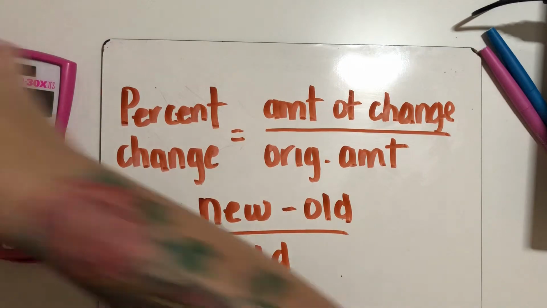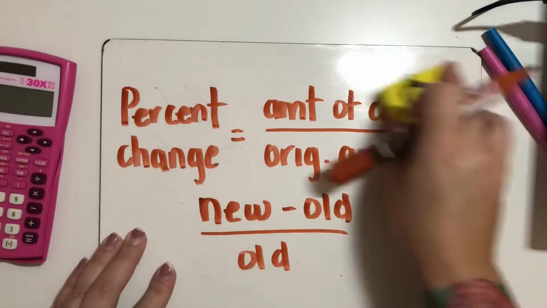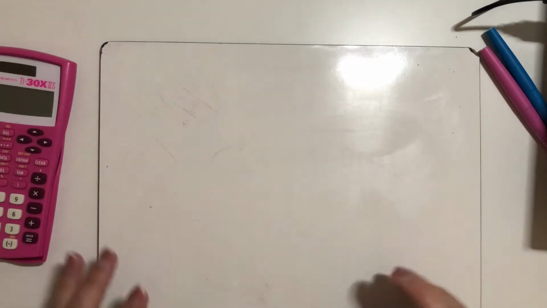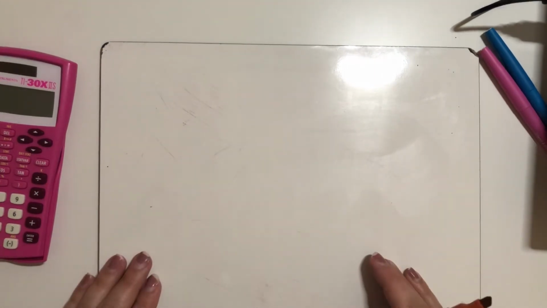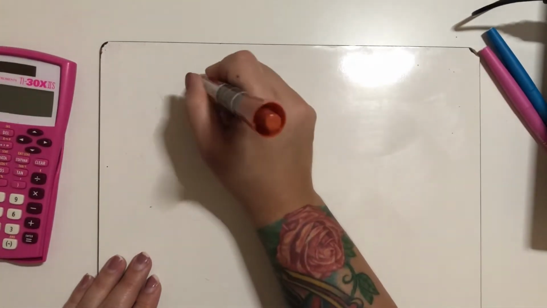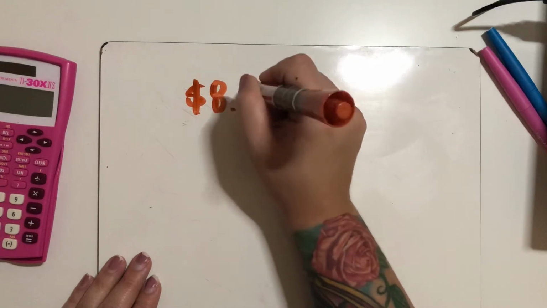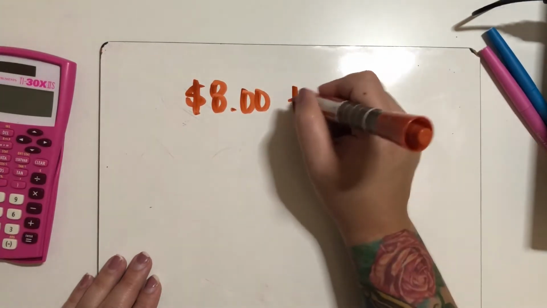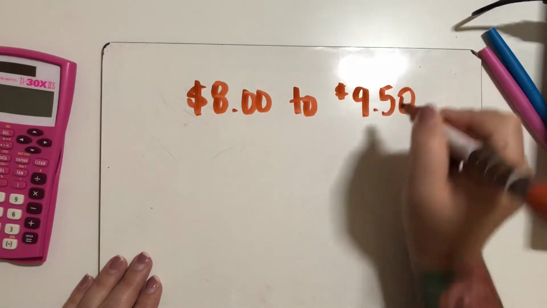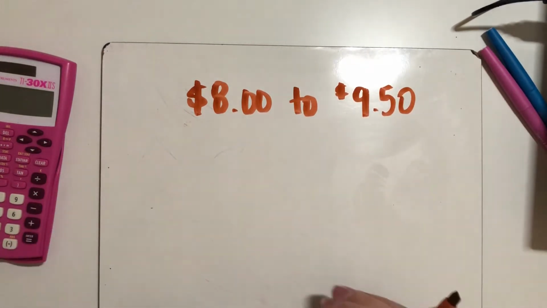Okay, so we're going to go ahead and start with some examples now. Amber got a raise and her hourly wage increased from $8 to $9.50. What is the percent increase?